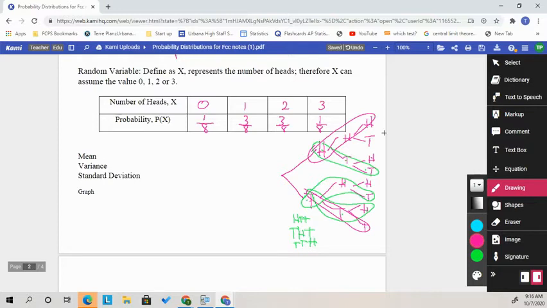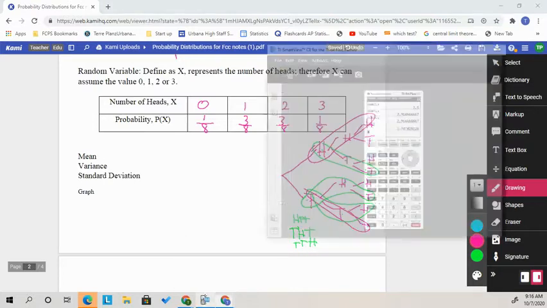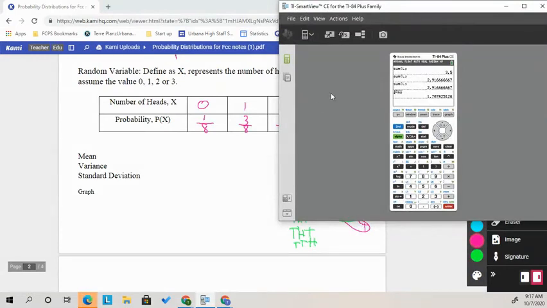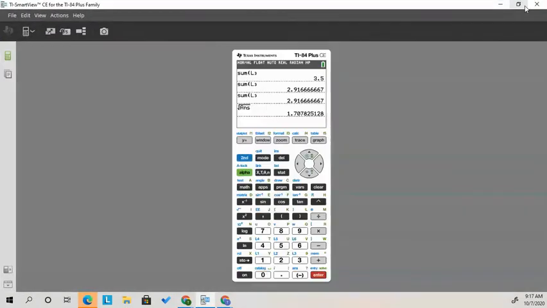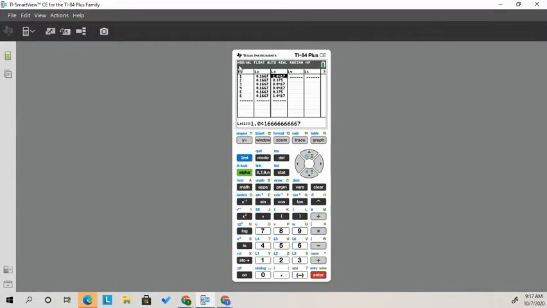All right, so now that we have our distribution, we're going to go back to our calculator and put them in our calculator. Make that bigger so you can all see. So we're going to go into Stat, Edit, and List 1. I'm going to clear out List 1. So I'm going to go over to the top of List 1 and 2 and clear it out. You don't have to clear out List 3.